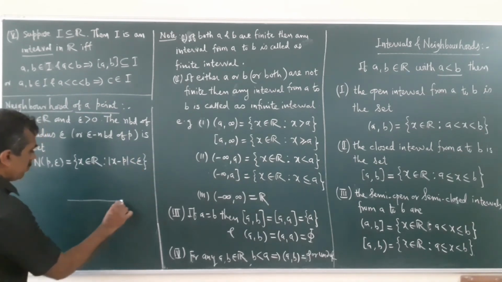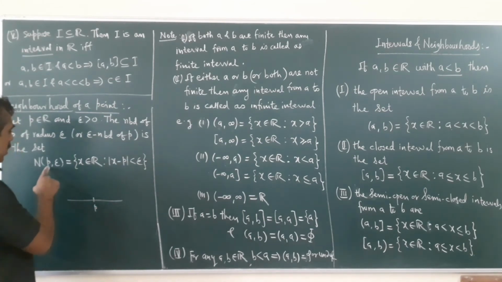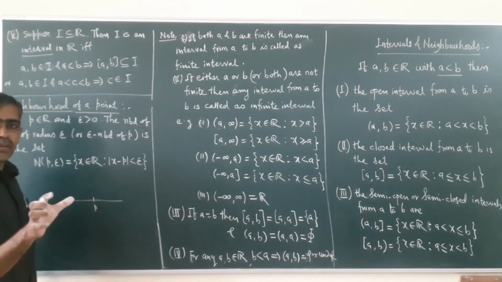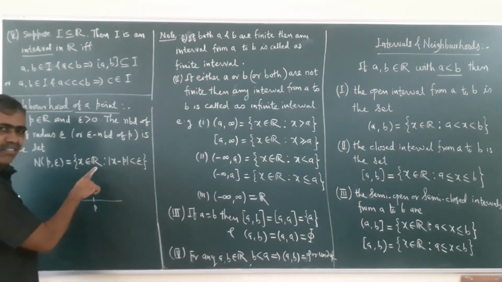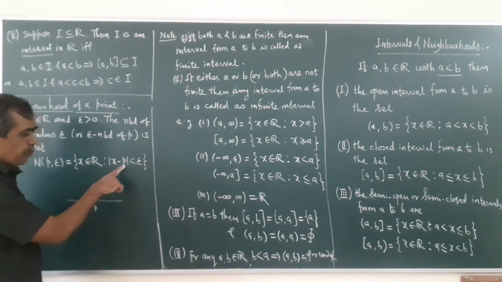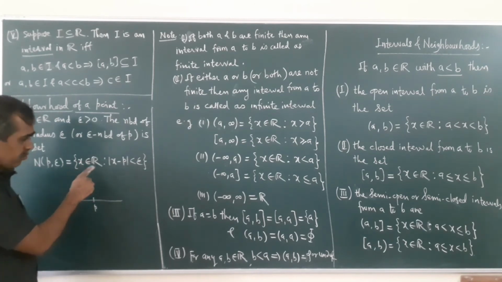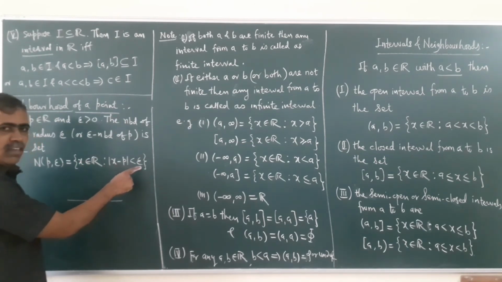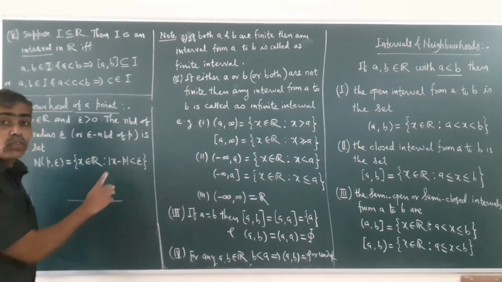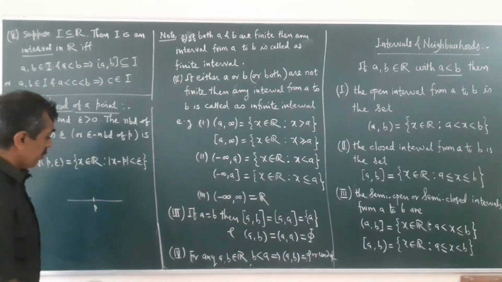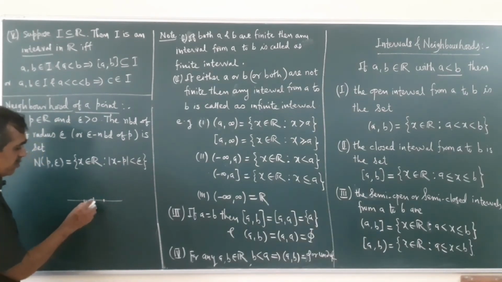See, for example, suppose this is my P, then neighborhood of P of radius epsilon is, what is that set? All those real numbers x whose distance from P, modulus means distance, is less than epsilon, not equal to epsilon. For example, suppose this distance is epsilon.